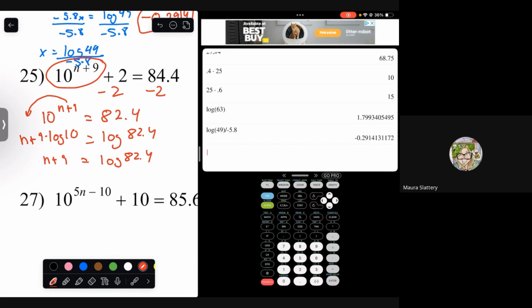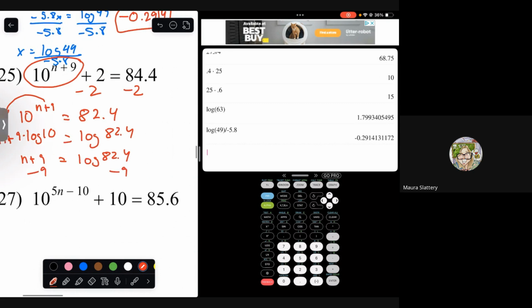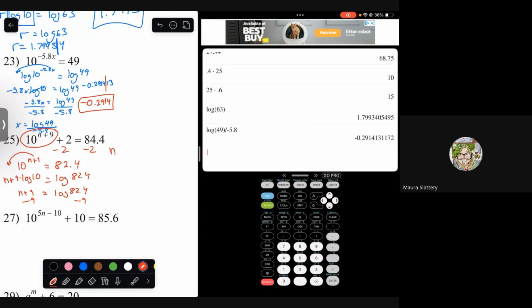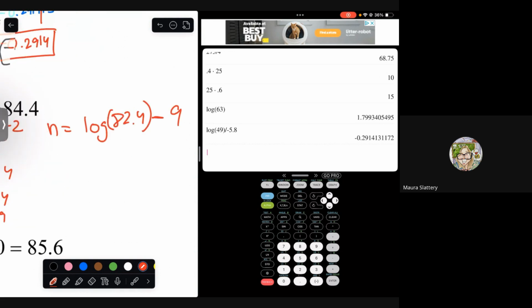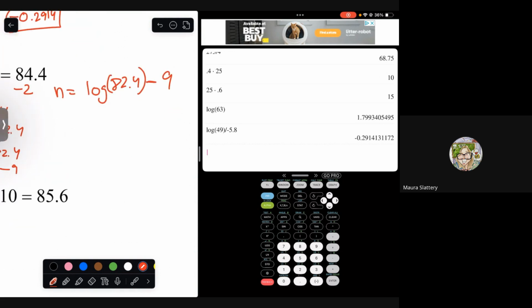So now how do I get n by itself? We're going to subtract 9. So I get that n is equal to log of 82.4 minus 9. When you plug this into your calculator, make sure that you don't put that minus 9 inside of the log.